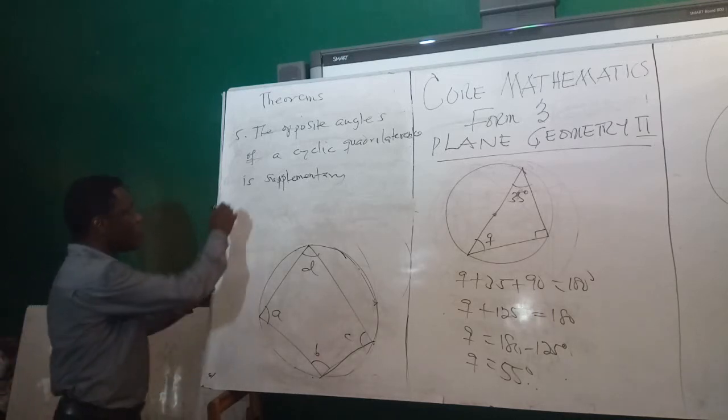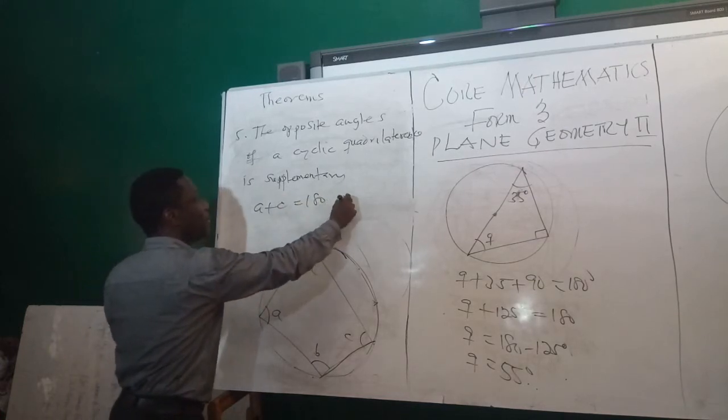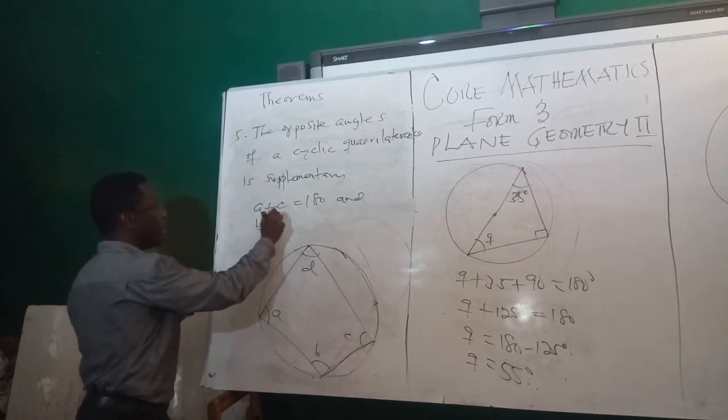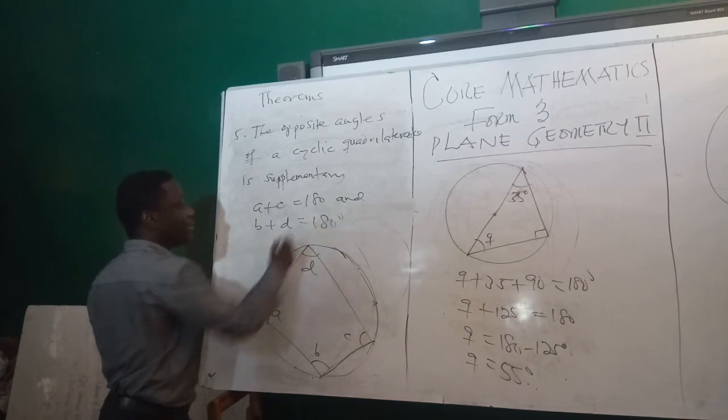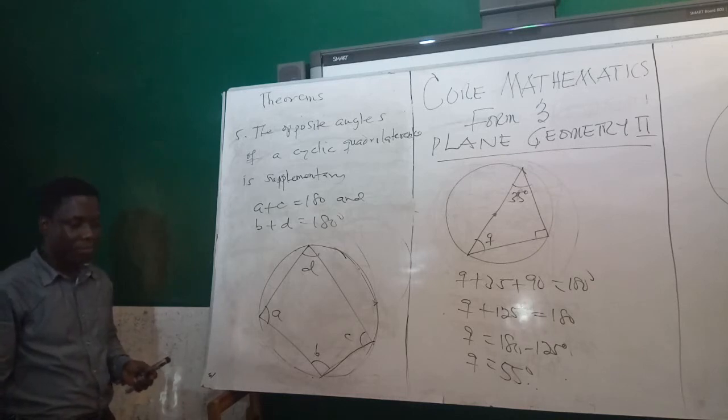So A plus C will give us 180 degrees, and B plus D will also give us 180 degrees. So that's a very important concept to understand. I hope it's very, very clear.